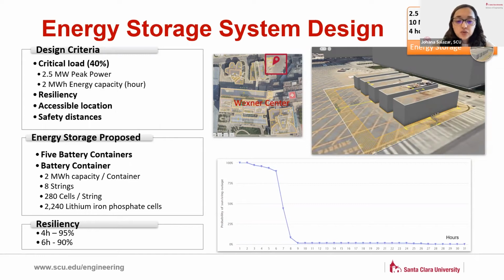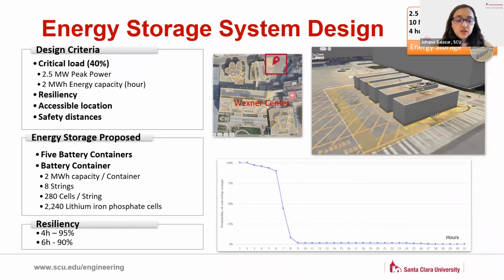And we found that we were able to supply 4 hours of energy for that capacity during 4 hours with 91% of certainty. That means that we were able to design a system providing 2.5 megawatts peak power plus 10 megawatt hours of capacity for supplying 40% of the critical load.